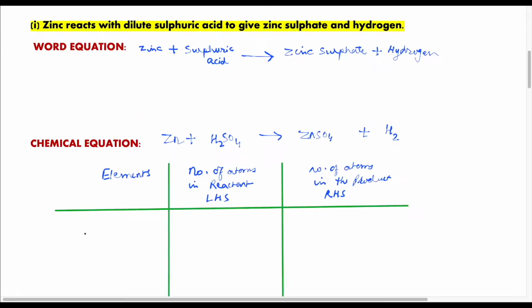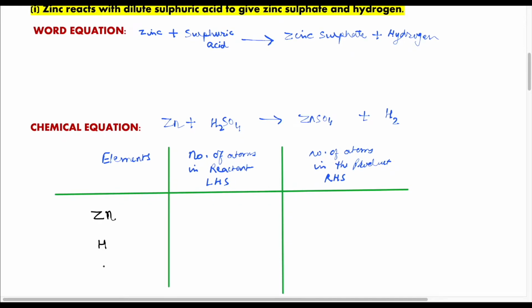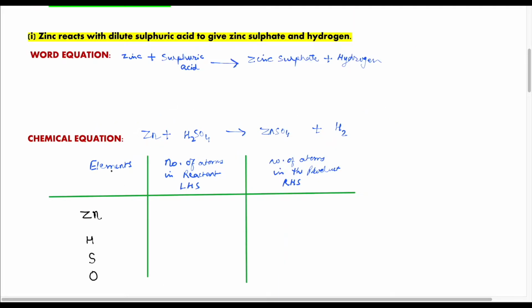Here the elements in this reaction are zinc Zn, hydrogen, then the next element is sulfur, then oxygen. So in this reaction the elements are zinc, hydrogen, sulfur and oxygen. Now we will write the number of atoms on the reactant side.